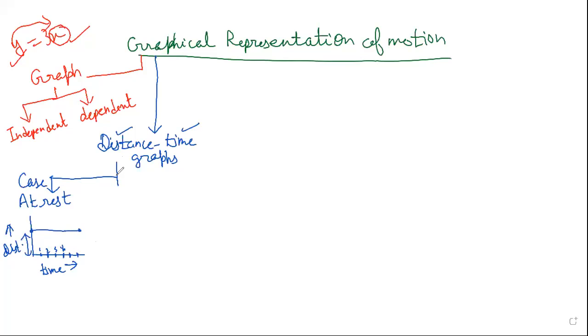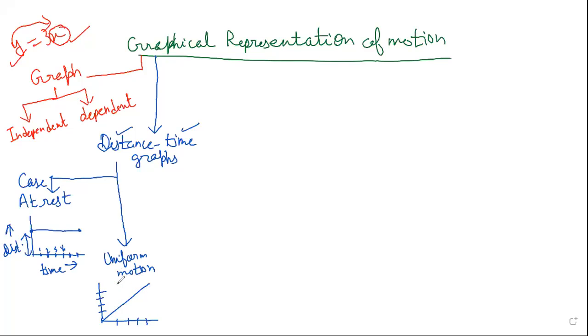Now, another case, when the body has uniform motion. I am telling you how the distance-time graph will look when the body is in uniform motion. It will look like this. What does it represent? Equal distances covered in equal intervals of time.